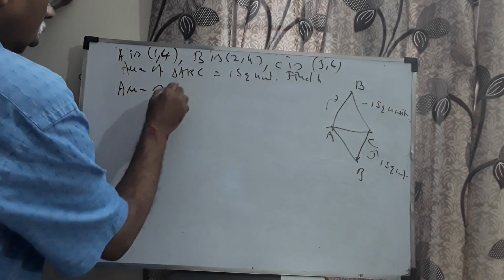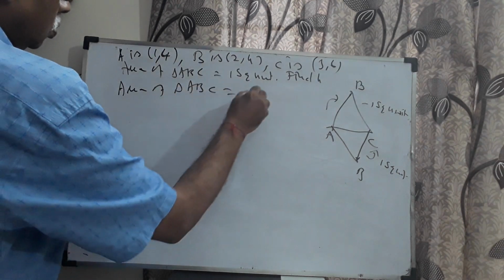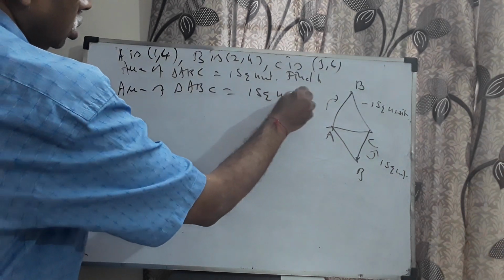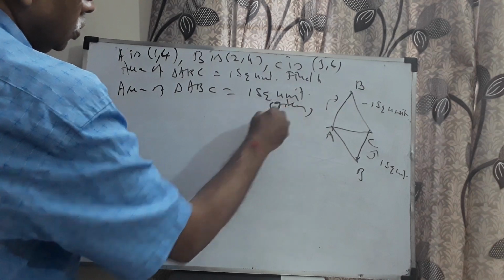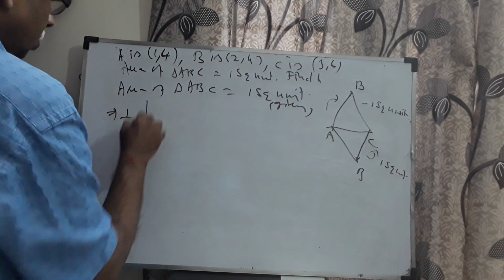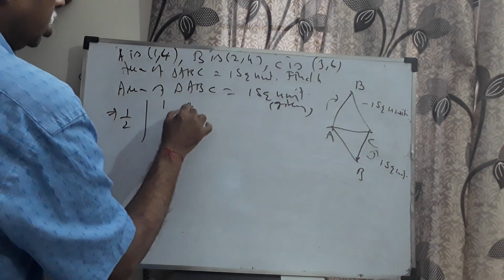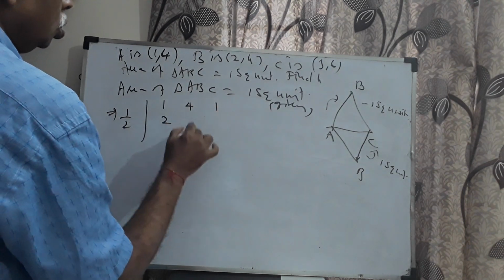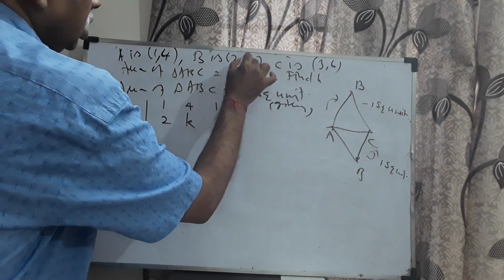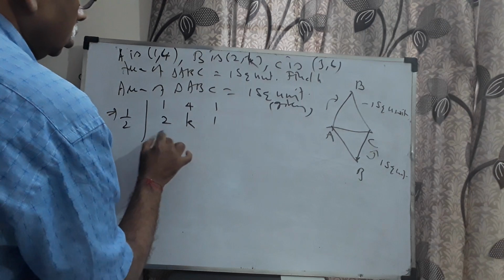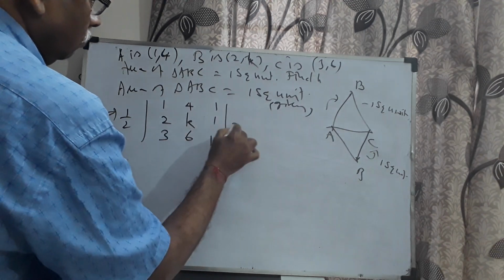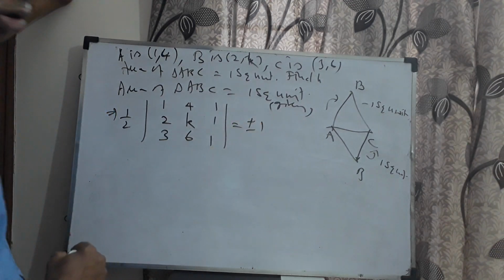Now, area of triangle ABC is equal to 1 square unit. This is given to you in the question, which implies half determinant. I will write 1, 4, 1, 2, K, 1, 3, 6, 1 is equal to plus or minus 1.